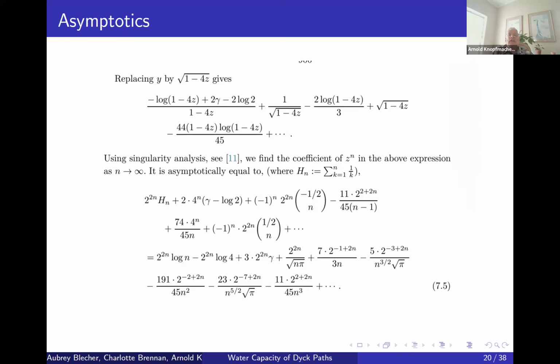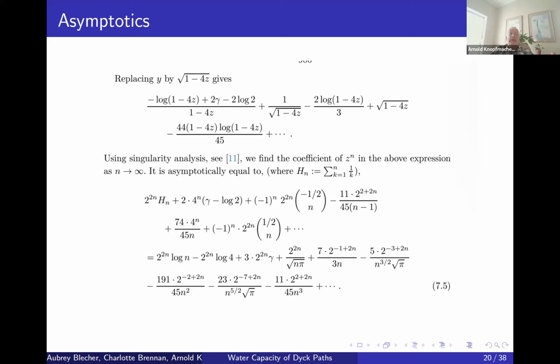And on the other hand, I have also things like 1 over root 1 minus 4z. Well, it's easy to get coefficients from that if we just use the binomial series. In other words, we just end up with binomial coefficients like minus a half choose n, or a little bit later, like 1/2 choose n. So after doing the middle step, it's now a matter of Stirling's formula.